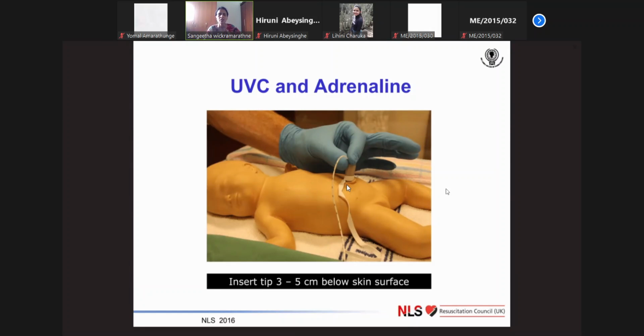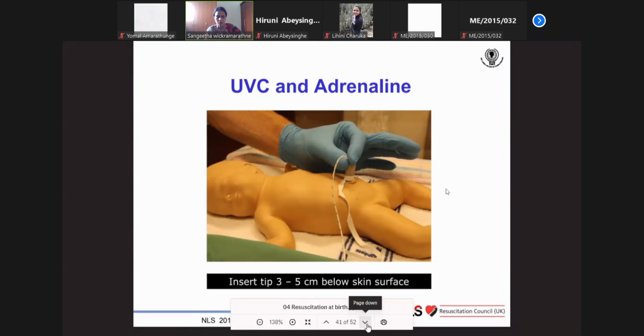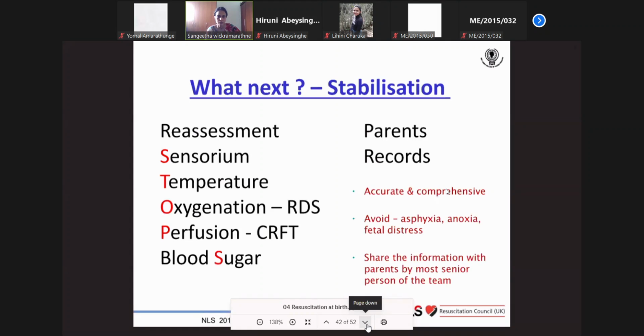It should be a sterile procedure during insertion, but you don't calculate it and take X-rays before adrenaline. Your aim is to save the baby's life. You insert this, and if there is a free flow of blood coming, you give the adrenaline through this, right? Followed by a flush.